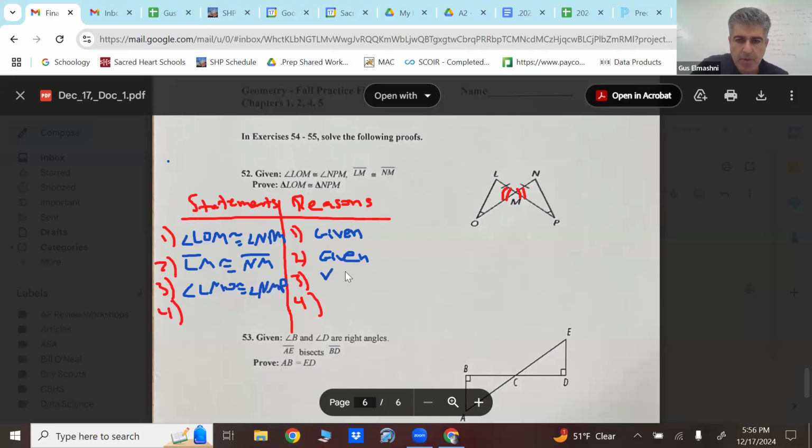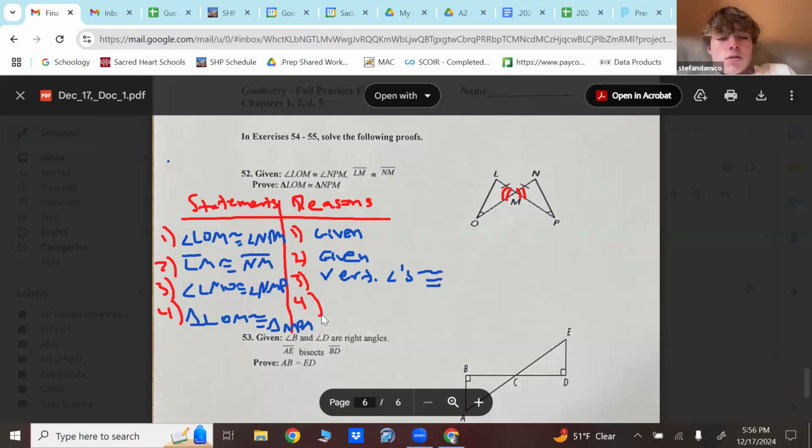That's going to be vertical angles congruent. And then you can say the triangles are congruent. That's side angle side. So that's what's happening with that one there. Hopefully that's pretty straightforward for that one.